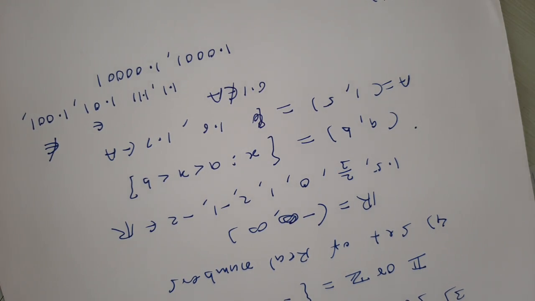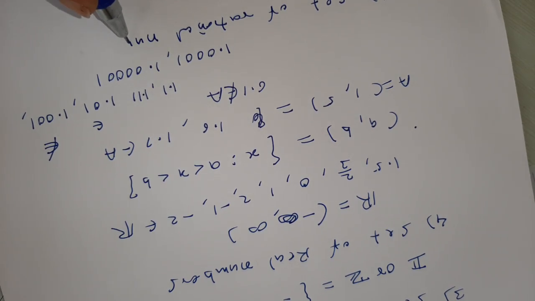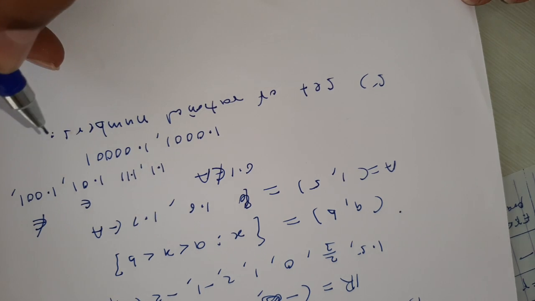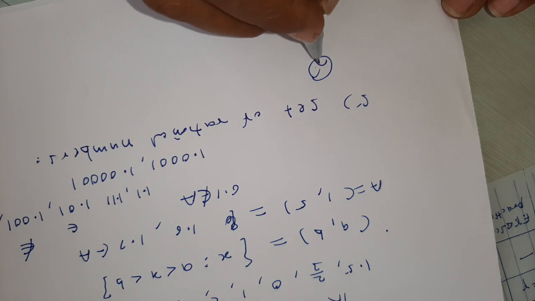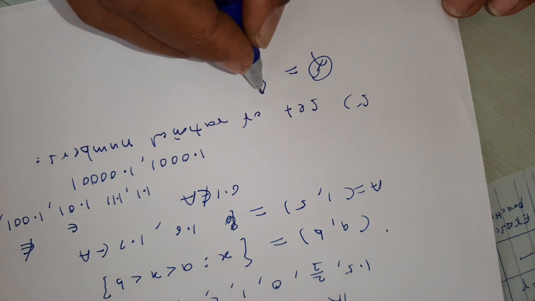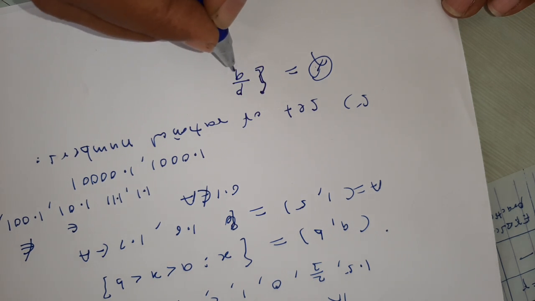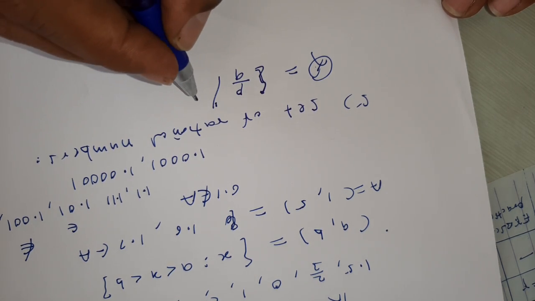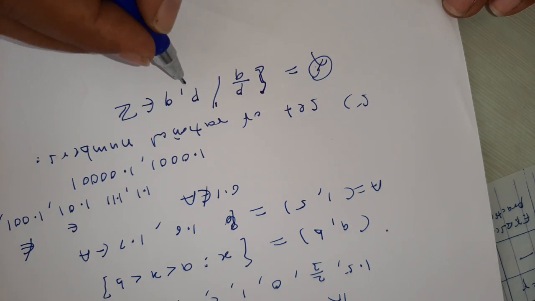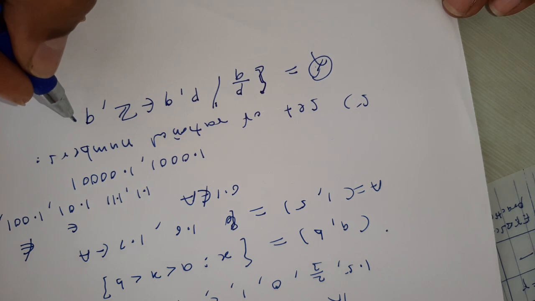Next set is the set of rational numbers. This set is denoted by the notation capital Q. And this set is the set of elements of the form P by Q such that P and Q belong to Z. That is, P and Q are integers and Q is not equal to 0.